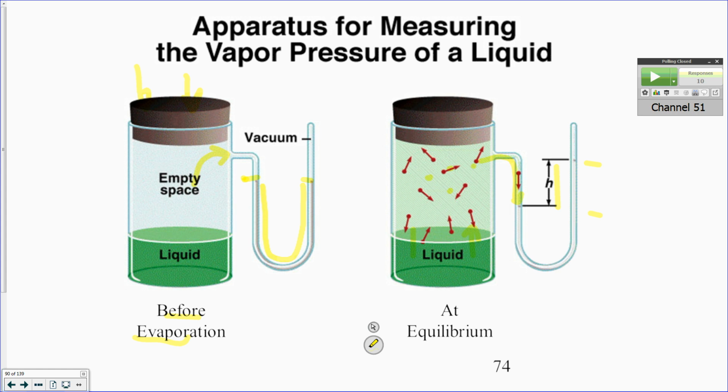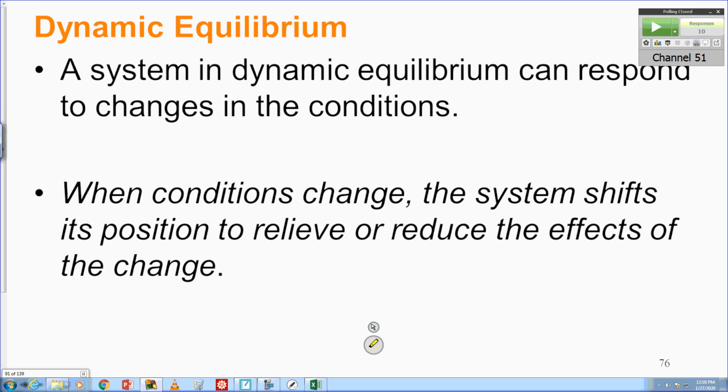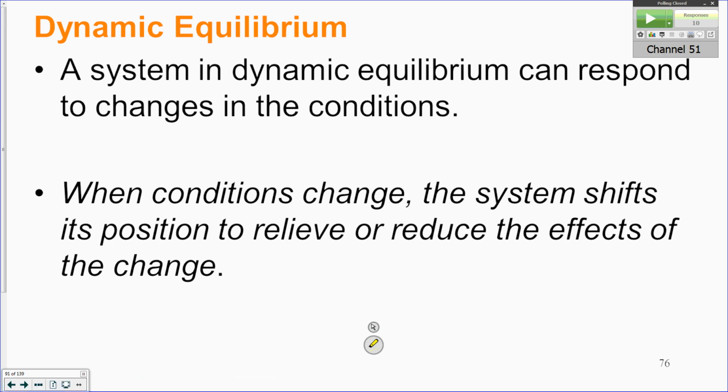It's a pretty simple apparatus, and we can look at putting this in a controlled environment and changing the temperature from low to high, allowing it to reach thermal equilibrium, and seeing how the vapor pressure responds to that. So when we think about how systems change and respond to conditions, the fact that it can change is where the term dynamic comes from.